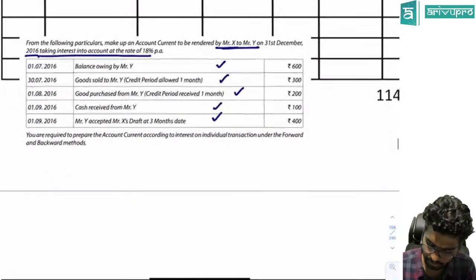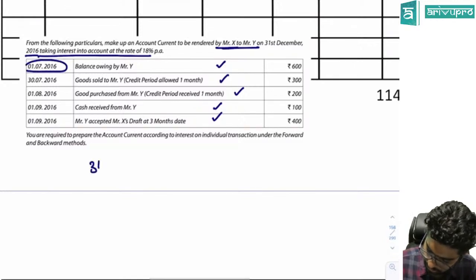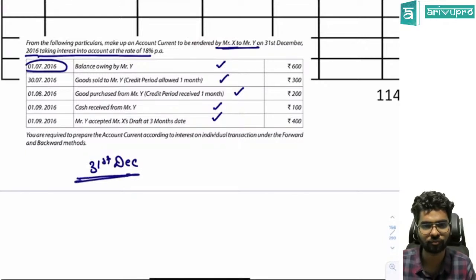Alternative attempts, right? In the forward method, what do I take? I take it from the date of transactions till 31st December. Correct?